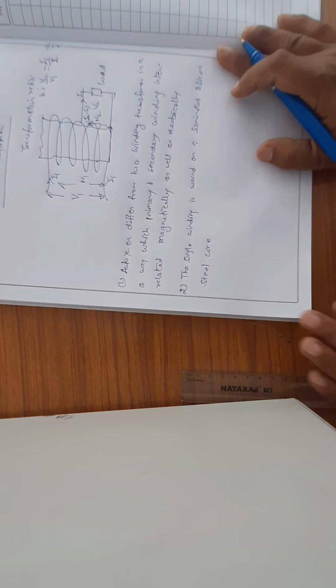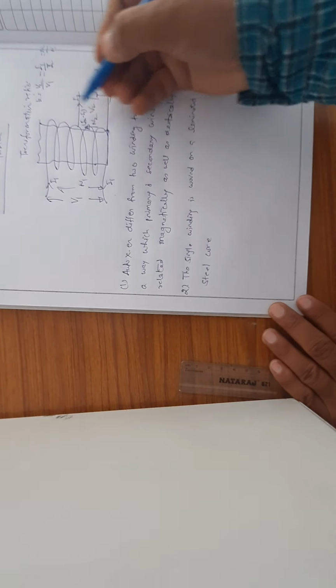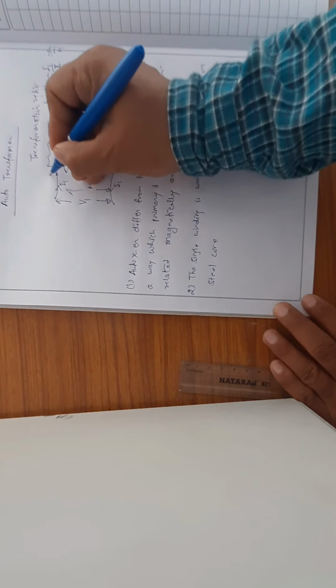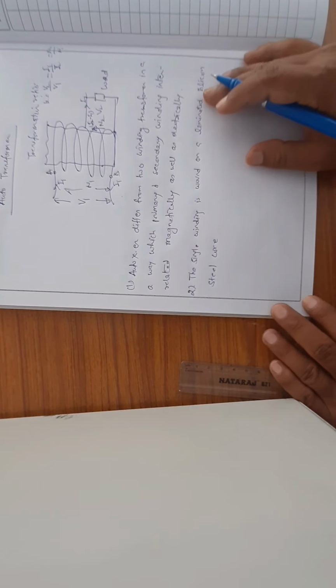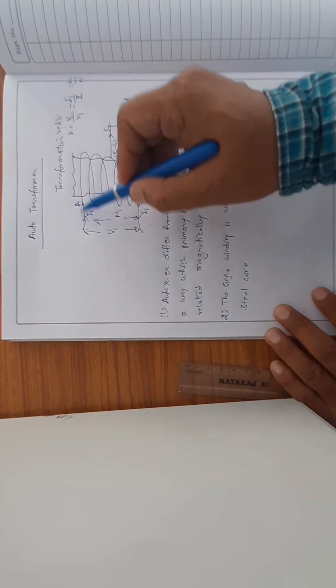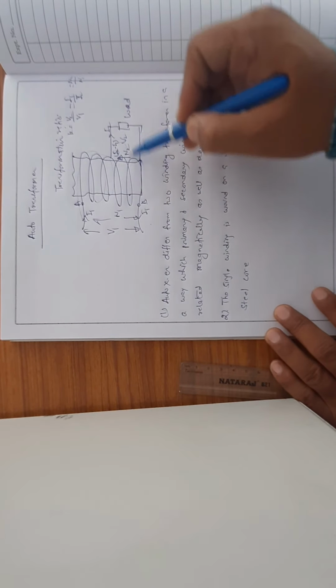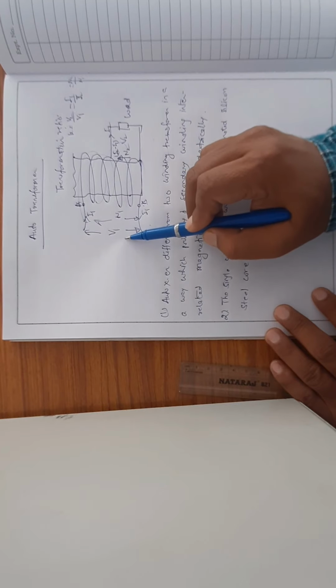In an auto transformer, the primary winding, let us take its name A and B. The primary winding AB consists of the whole turns between A and B. The voltage across it is V1.